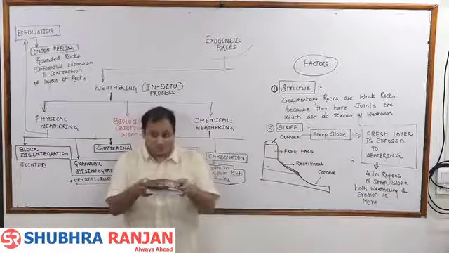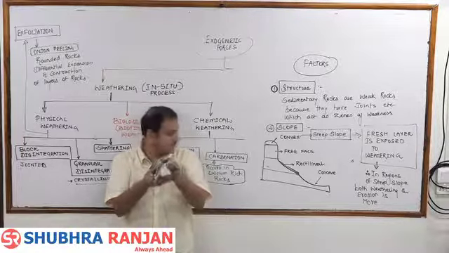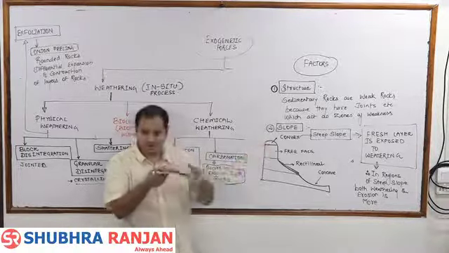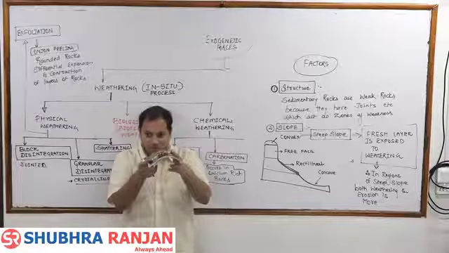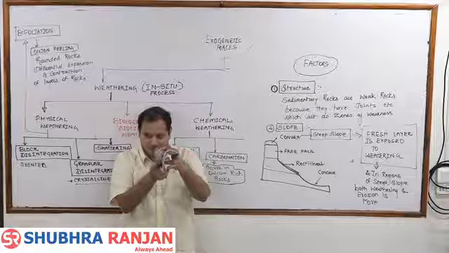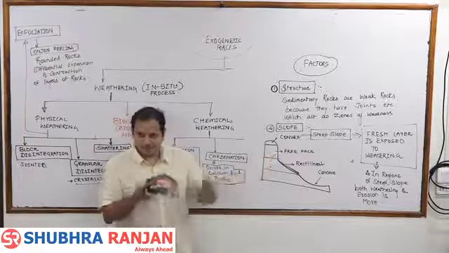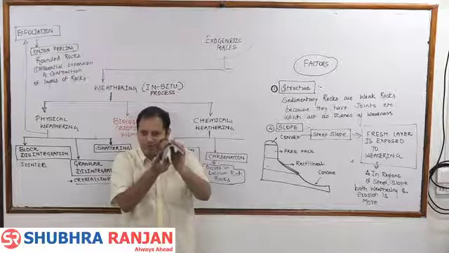if endogenetic force is greater, so we always will have convex surface. If endogenetic force matches with the exogenetic force, जितना upliftment हो रहा है उतना erosion हो रहा है. Free face, जो material erode होके deposit हो रहा है.